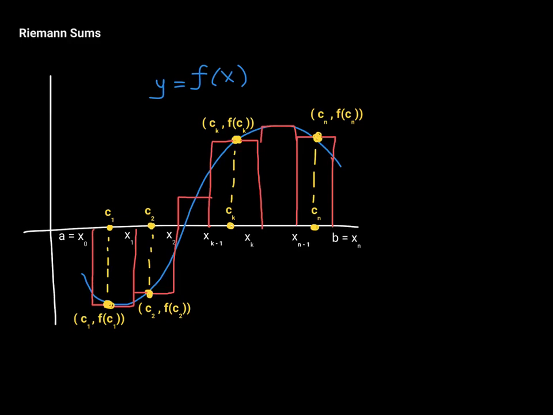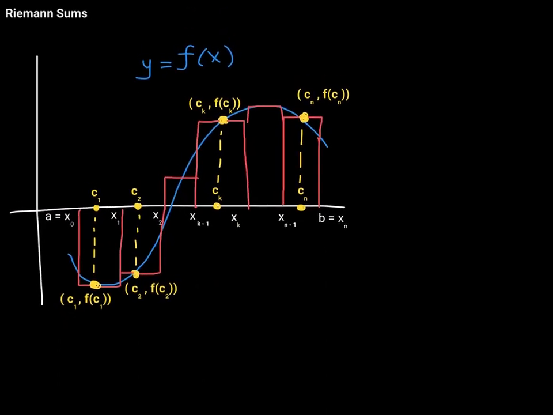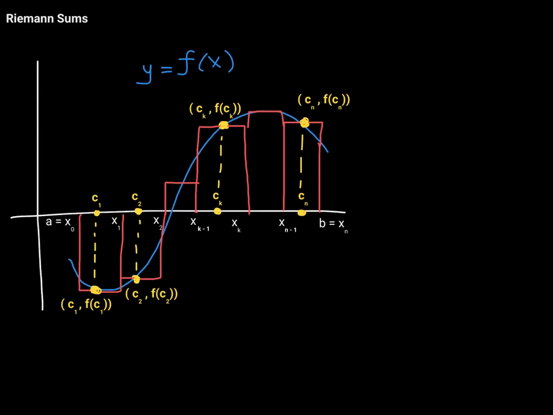We can sum all these products. We can write this in sigma notation as the sum of f of c sub k, that's the height of each of your rectangles, times delta x sub k, as k goes from 1 to n.